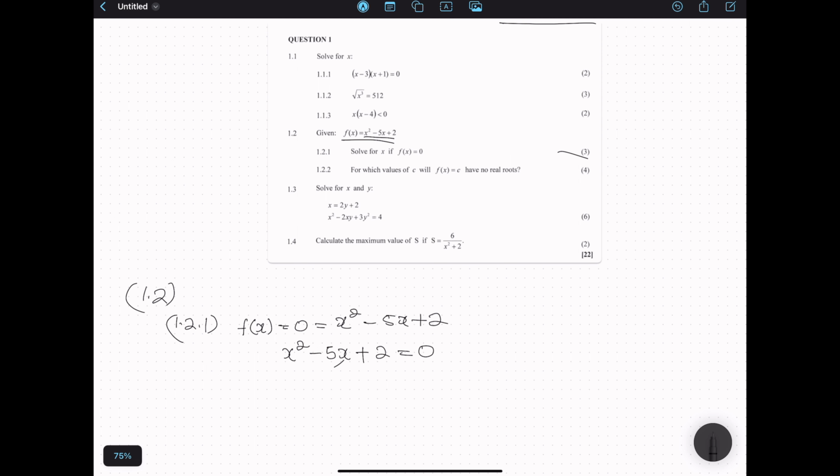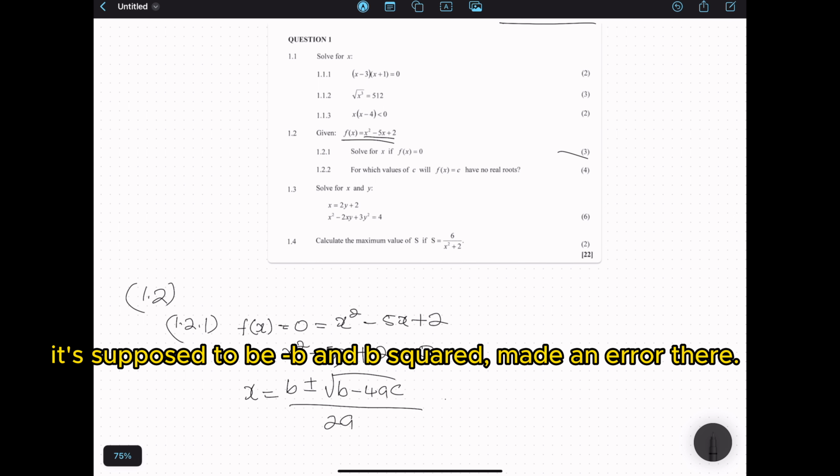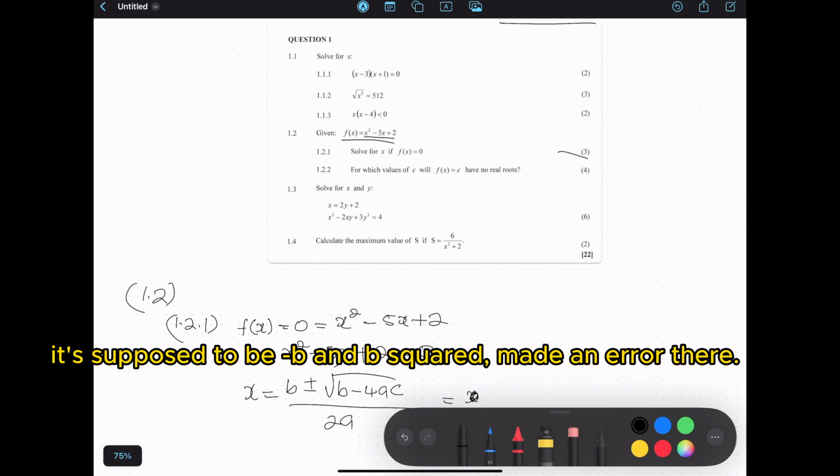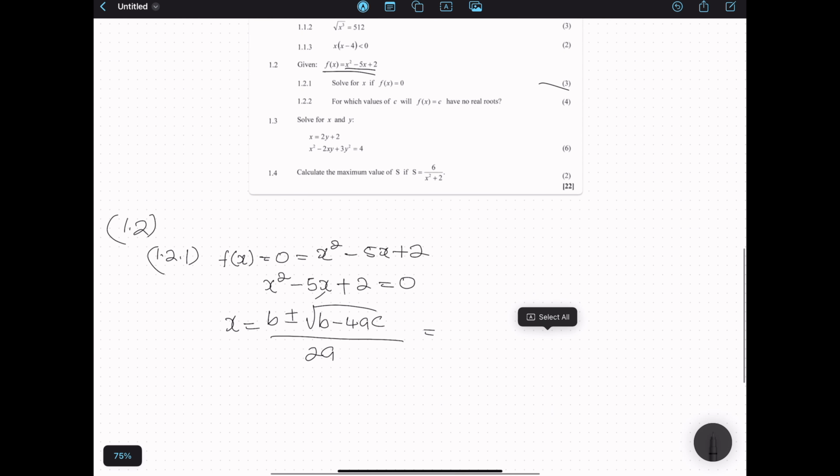formula for this, which is x equals minus b plus or minus the square root of b squared minus 4ac, divided by 2a. They normally give us this formula. So you just substitute from this. Our x is going to be, just put b there, our b is minus 5.